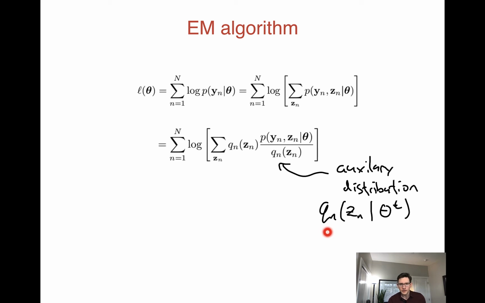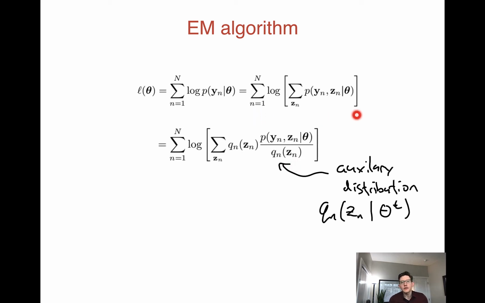We're going to define it specifically in a second, but for now, let's just assume it's any distribution we came up with over Z of n. The textbook doesn't make this explicit, but let's make it explicit in our notation here that Q of n is going to turn out to be determined by theta t. So Q of n is essentially a function of theta t. But for now, forget about that. We can just define any distribution Q of n.